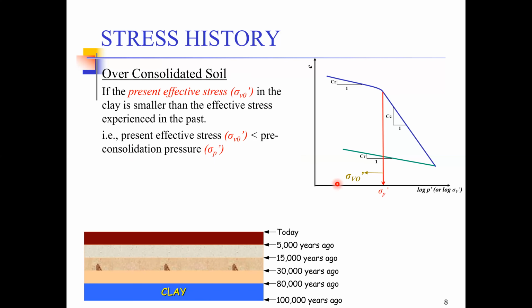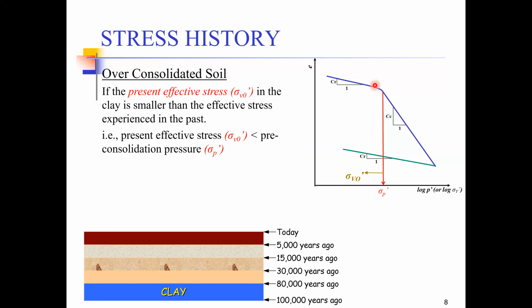So you see, the present overburden pressure is less than the past overburden pressure. So such a soil is called an over-consolidated soil. So you see, when we talk about the over-consolidated soil, it is lying somewhere over here on this line.